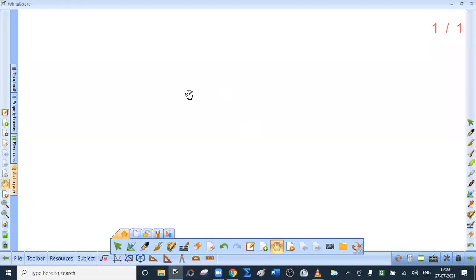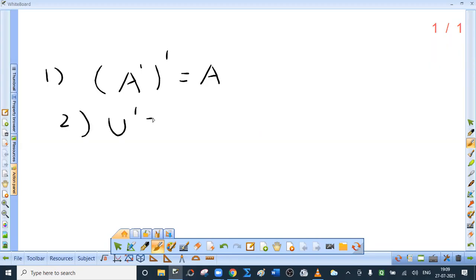Okay. Now what are the properties of complement? There are many properties. I can list a few of them. The complement of the complement is the original set. Then what is the complement of the universal set? Null set. So what is the complement of the null set? Universal set. Okay.